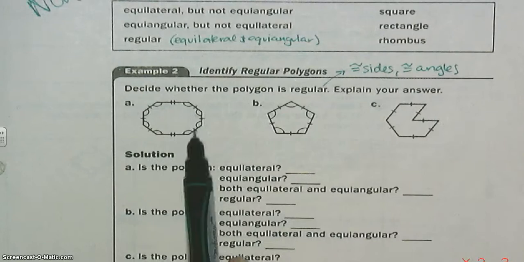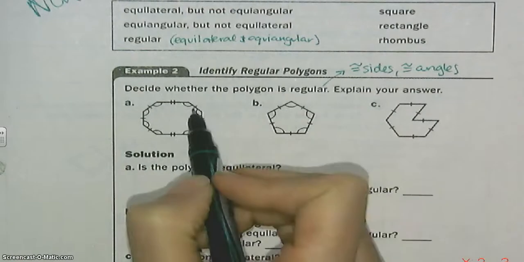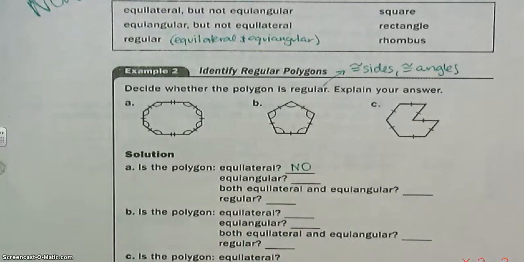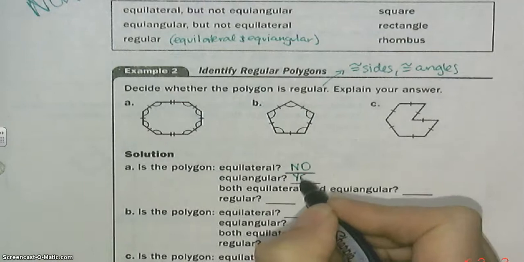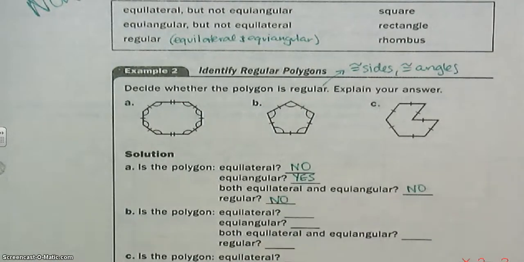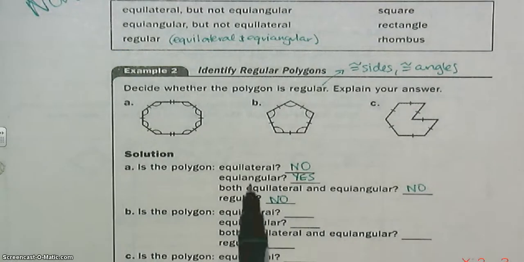Are all the sides the same? Do all the sides have the same tick mark? No, look, this has 1 and this has 2. So it's not equilateral. It is equiangular though. But it has to be both to be regular. So this shape is not regular because it does not have equilateral.